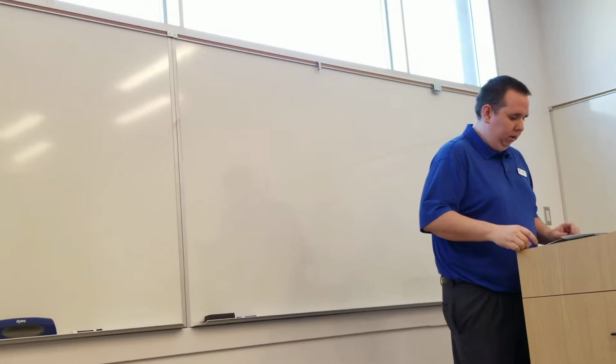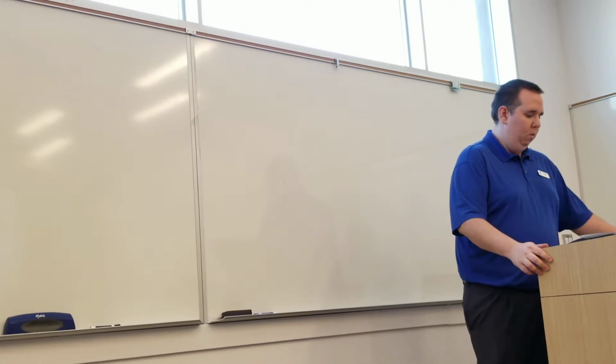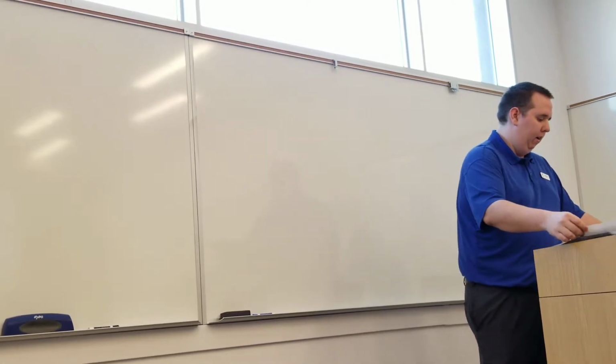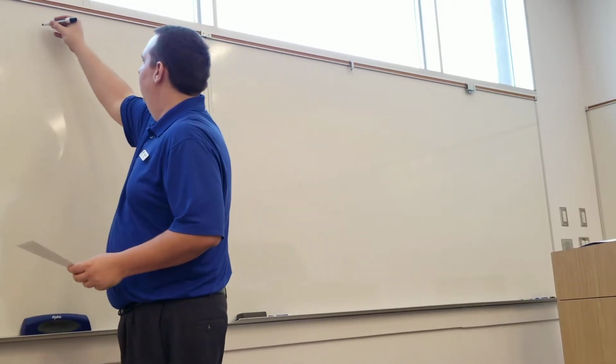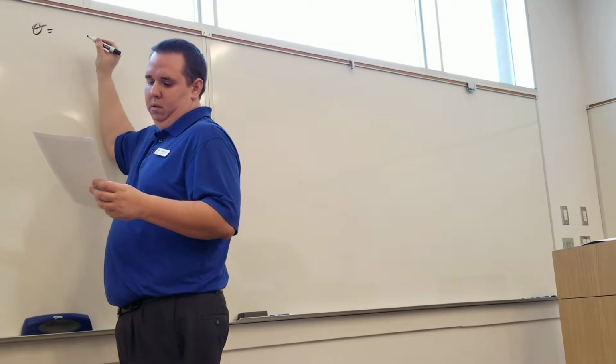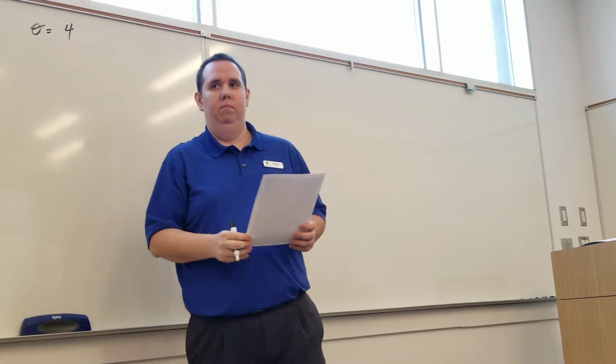So let's take a look here at number 5. What pieces of information does number 5 give us? So the standard deviation. What kind of standard deviation? Population. So sigma equals 4, 4 degrees. What else are we told?